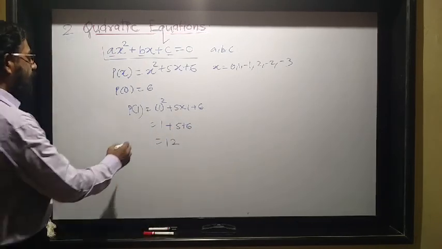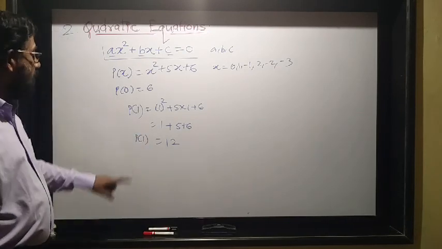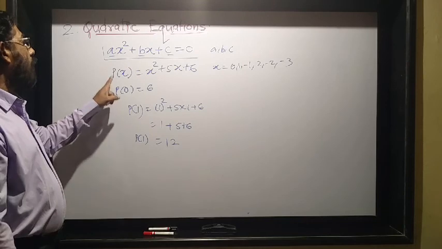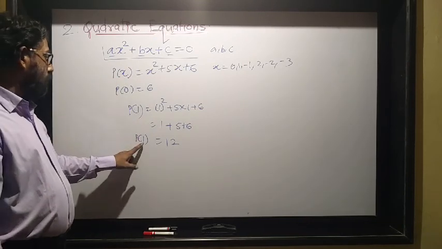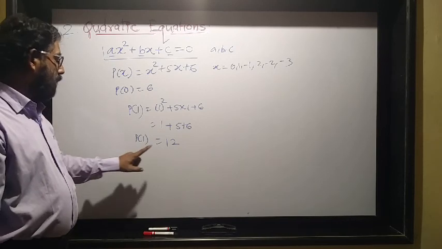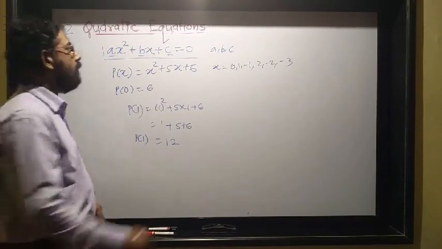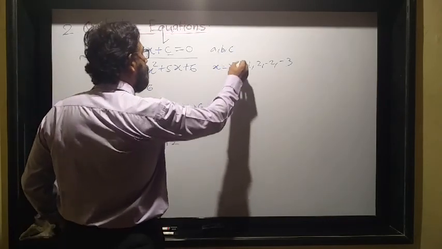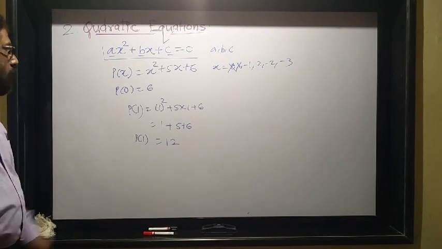Again you will find that p(1), the polynomial of variable x, is 12, not 0. So we can say that this is also not a zero of the polynomial.